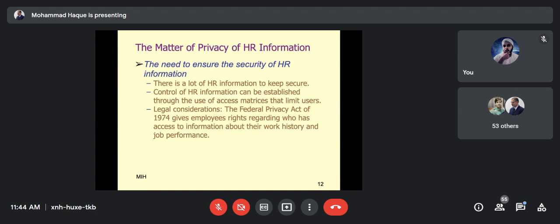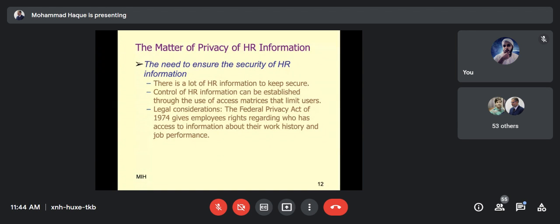One can access their own data, but not the data of other individuals. There are legal considerations in countries like the US, as we said, that is the Federal Privacy Act of 1974, that gives employees rights regarding who has access to information about their work history and job performance. Similarly, they have this security for each kind of position.